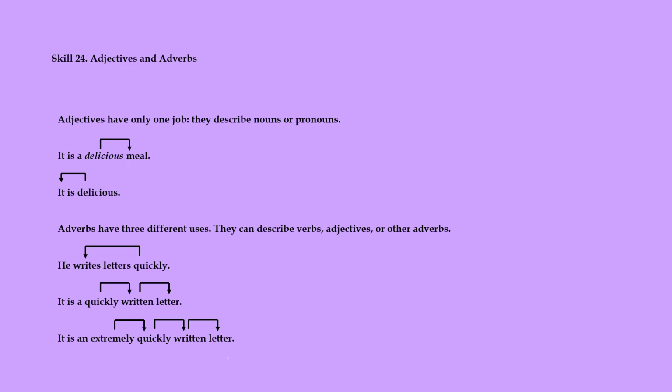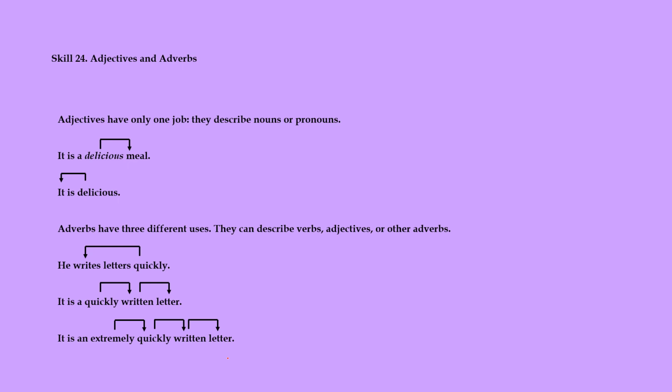What about quickly? Quickly is an adverb describing the adjective written. So in this case, an adverb describes an adjective. Quickly as an adverb describes the adjective written. Okay, the function of the adverb in the sentence is describing an adjective.